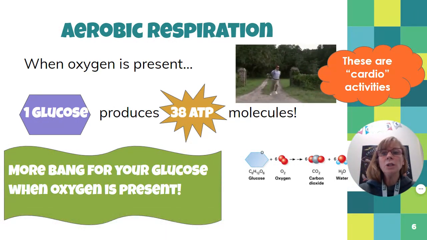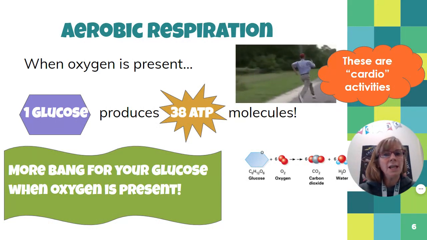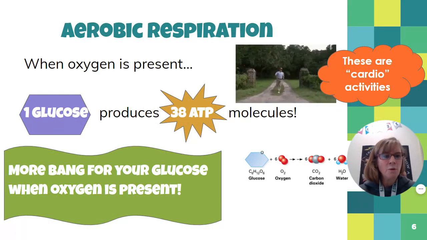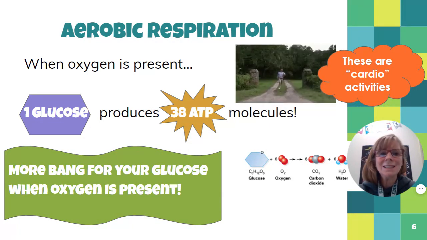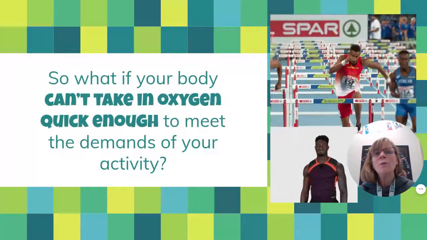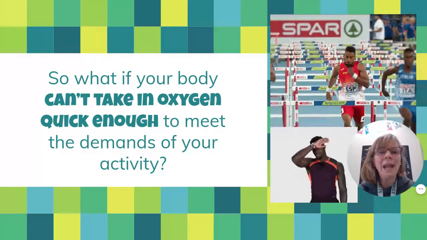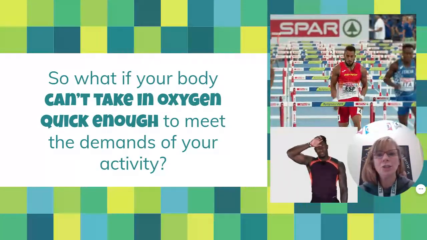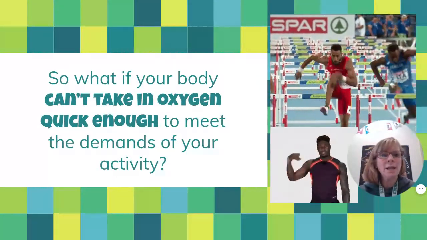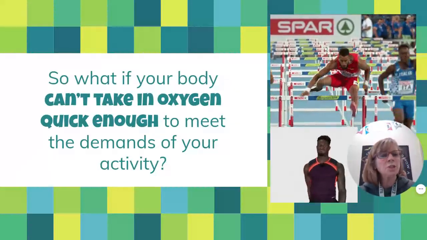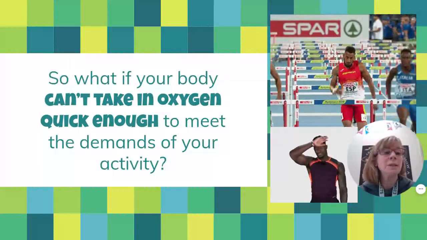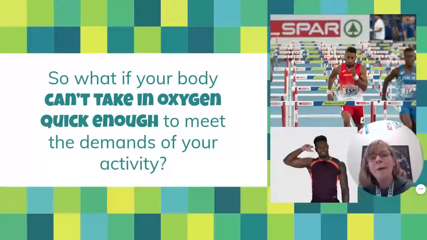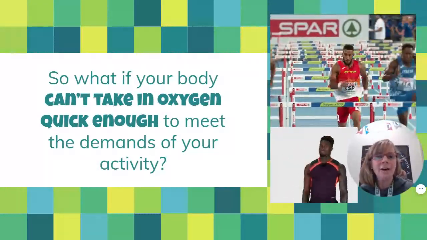So if you've got one glucose molecule and 38 ATP produced when there's the presence of oxygen, what happens when there isn't oxygen? What happens to your body when you can't take up enough oxygen to meet the demands? I'm talking about short sprints, maybe the 100-meter hurdles, maybe the 100 or 200-meter dash, where your body just can't get in enough oxygen.